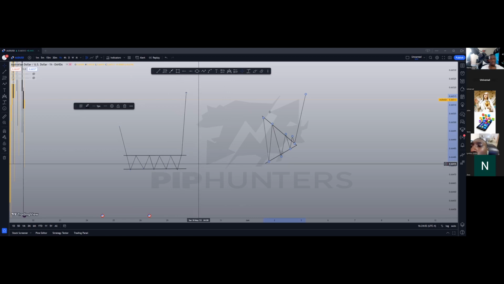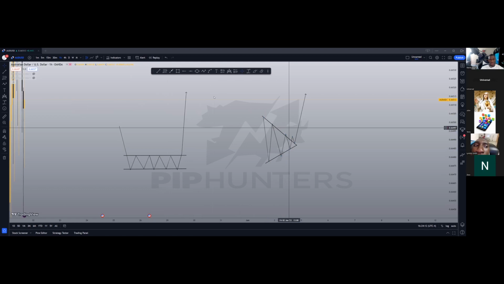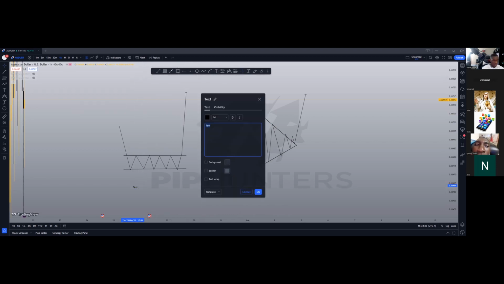So do these patterns make sense to you guys? What's the pattern called? Which of the patterns? You mean this one? This one is a symmetrical triangle. And this one is a parallel channel, or horizontal channel, whatever. It's not a risky pattern.